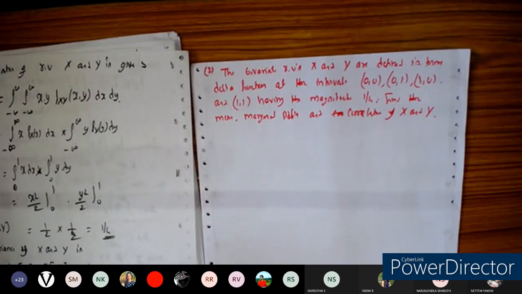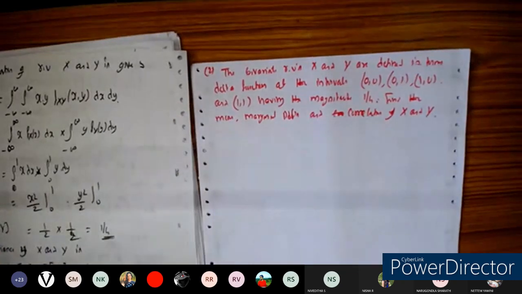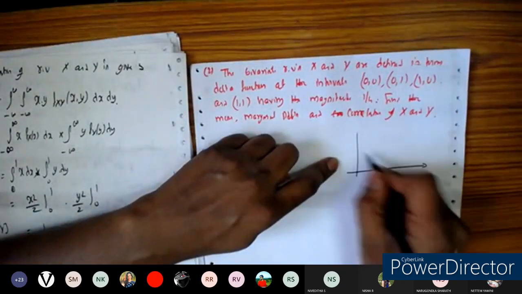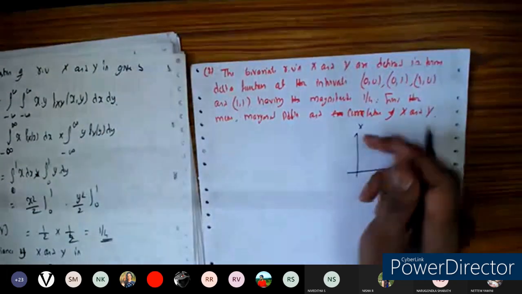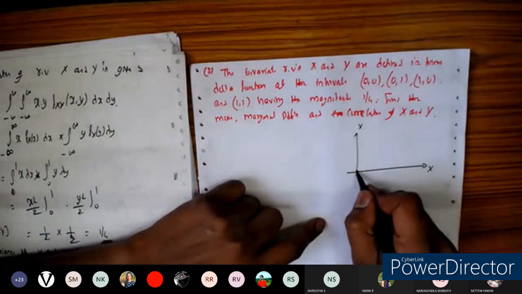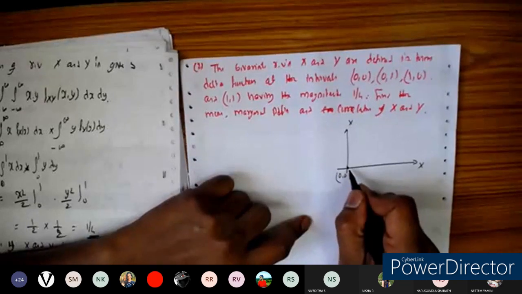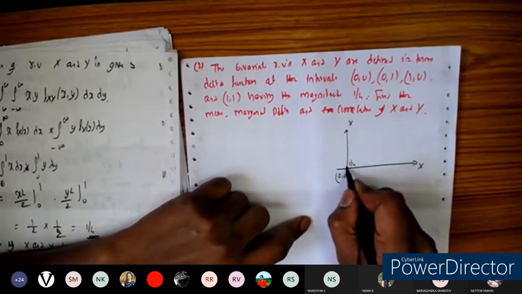So what we need to do is, it has been given in terms of the delta function. So the value is something like this here. In terms of the x-axis and y-axis, at the interval 0, 0, it has been defined here. At x and y equal to 0, 0, it has the magnitude of 1/4.